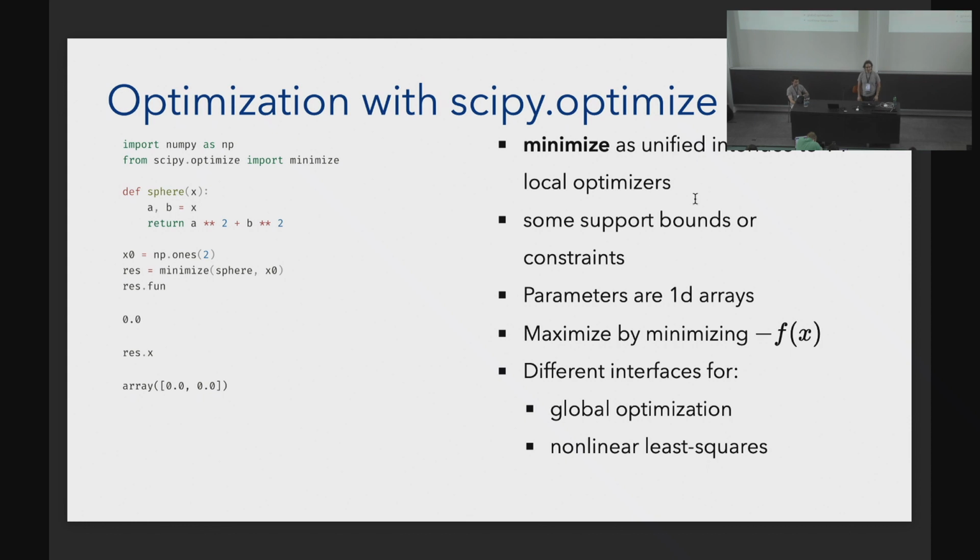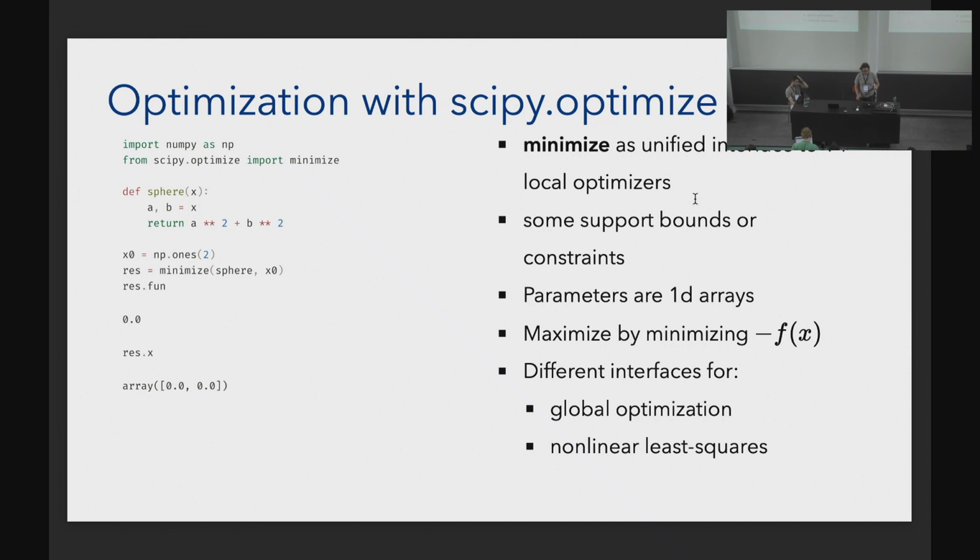What is scipy.optimize? It's a unified interface to 14 different local optimizers. Some of these optimizers support bounds or constraints. You will later see what we mean by bounds and constraints if you haven't seen it before. And they all have the same interface, and so they all expect the parameters to be in a one-dimensional NumPy array.